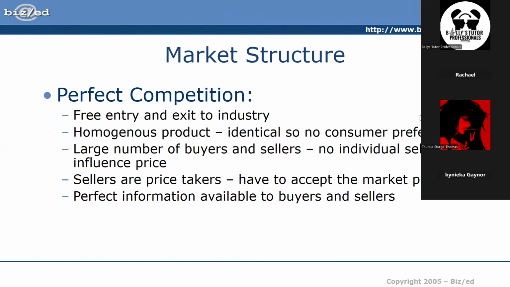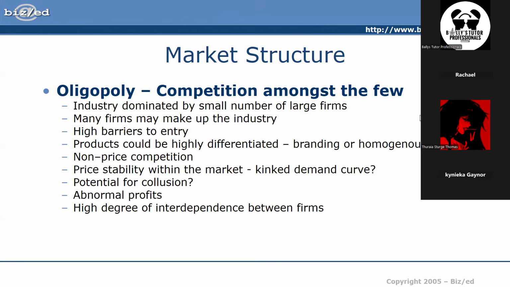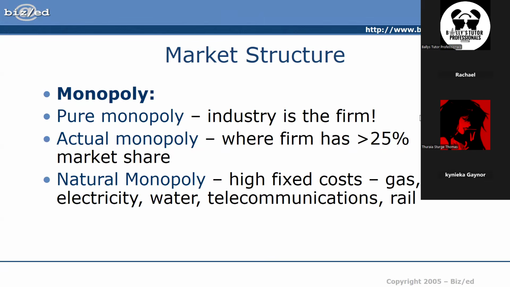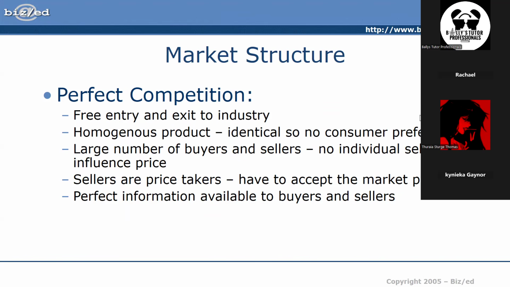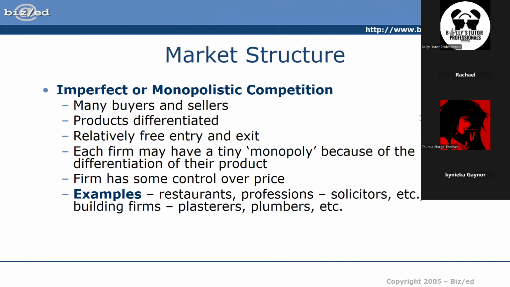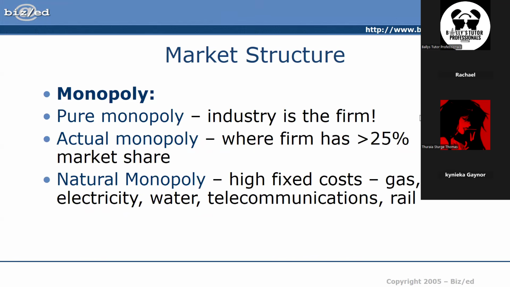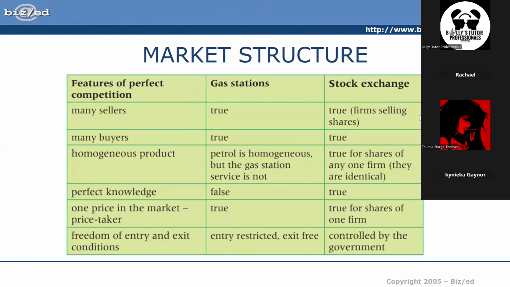The four you need to know are perfect competition, and then the imperfect ones: monopolistic competition, oligopolies, and monopolies. We call those last three imperfect competition structures. Everybody good so far, right? Just making sure.